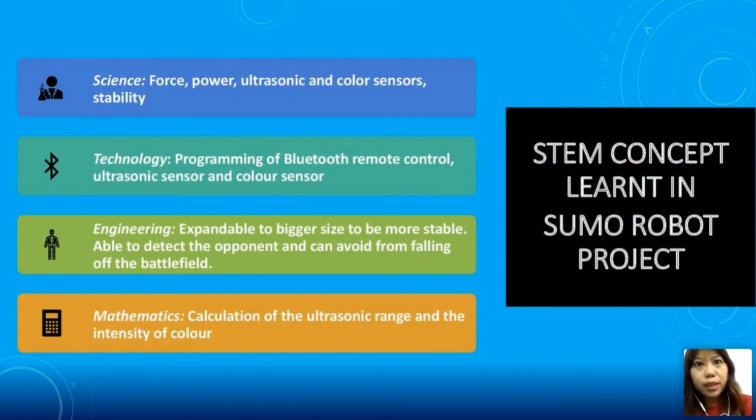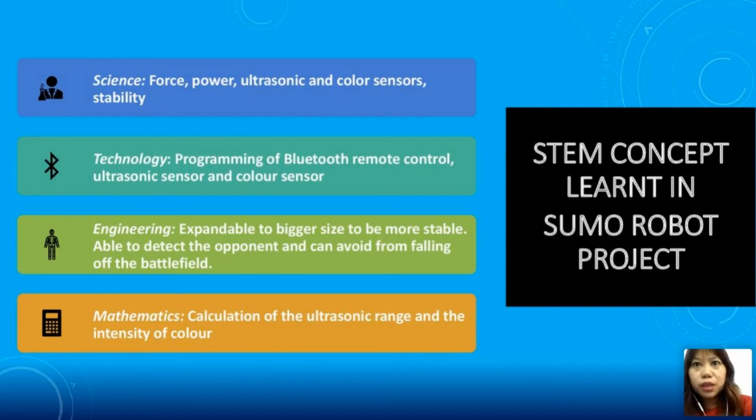The other activity carried out in this competition-based learning is the Sumo robot project. The students will learn concepts such as force, power, and ultrasonic and color sensors. In the technology field, the students will learn how to program the Bluetooth remote control, ultrasonic sensor, and color sensor.